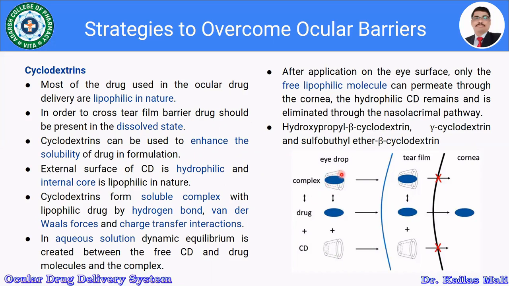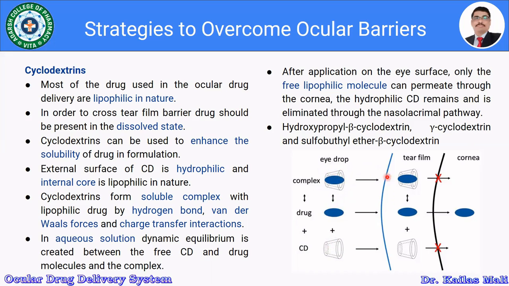Cyclodextrin forms a soluble complex with the lipophilic drug by hydrogen bonds, van der Waals forces, and charge transfer interactions. In the aqueous solution, a dynamic equilibrium is created between the free CD, the drug molecule, and the complex.